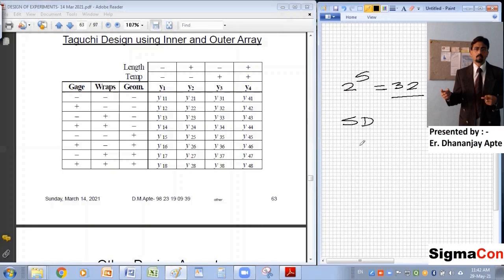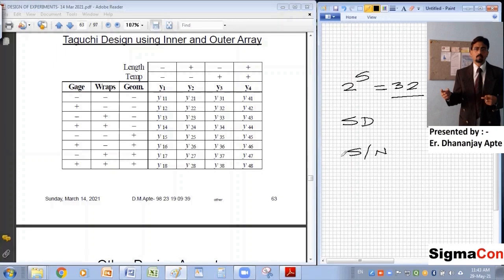This particular aspect calls for signal to noise ratio, SN ratio. What is noise? Noise is standard deviation. And what is signal? Signal is the average value.